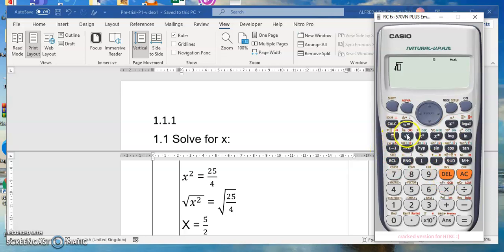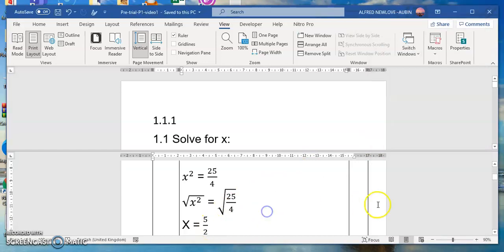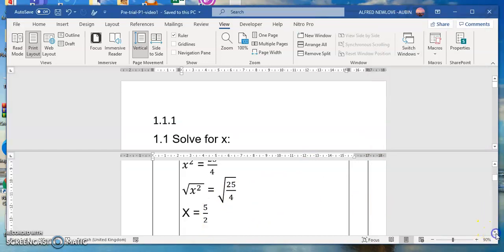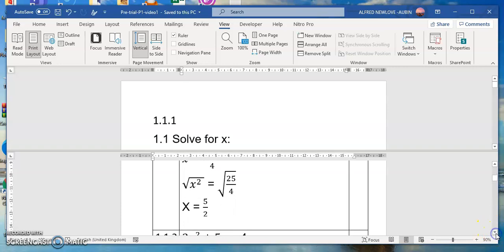So we have the square root. Remember, we are also learning how to use the calculator as well. So here you press this, then that one, then 25 over 4, which is going to give us 5 over 2, which is this one. Alright, it's so easy to get all the 3 marks there.